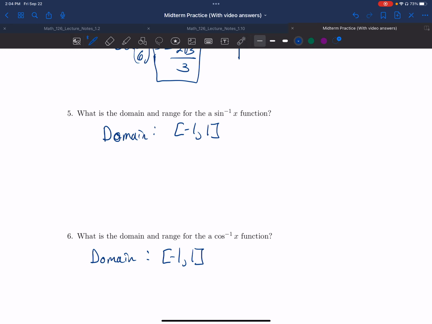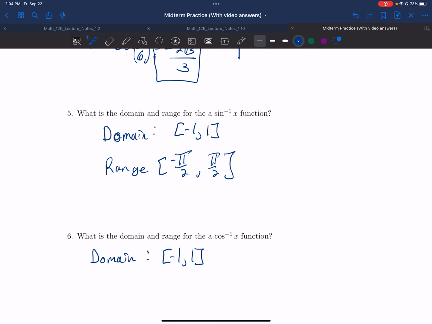Then what you need to remember here is the range, because we truncated this. For inverse sine, the range is from minus pi over 2 to pi over 2. In other words, inverse sine gives answers in quadrant 4, written as a negative, and in quadrant 1.